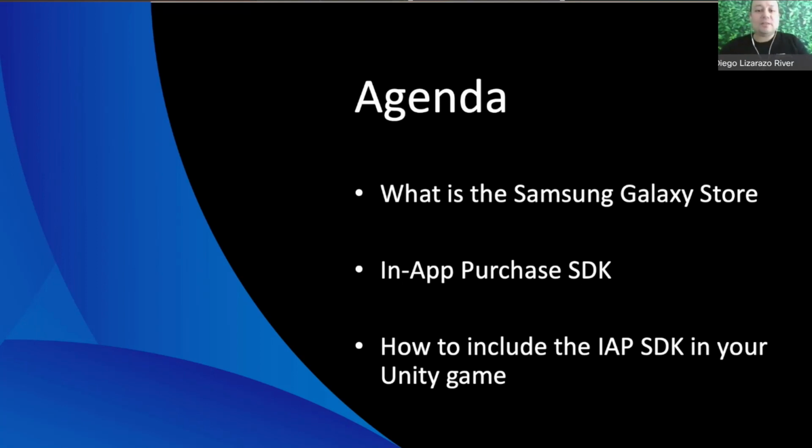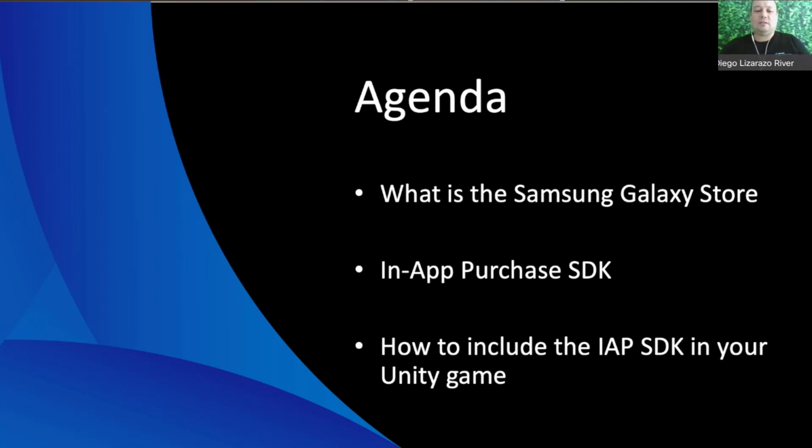So this is the agenda. It doesn't have to follow exactly these steps, but at least it gives us something to aim for. We're going to check really quick what the Samsung Galaxy Store is, in case you don't know about it.